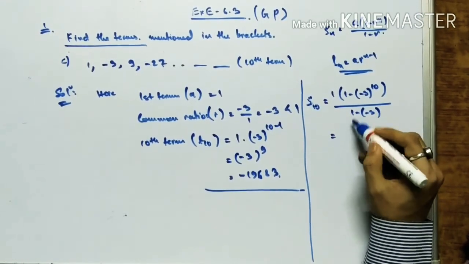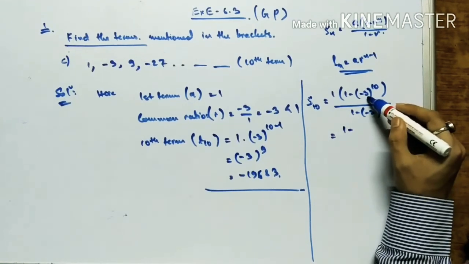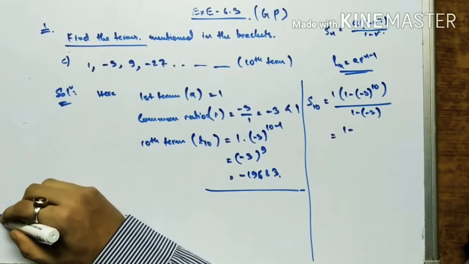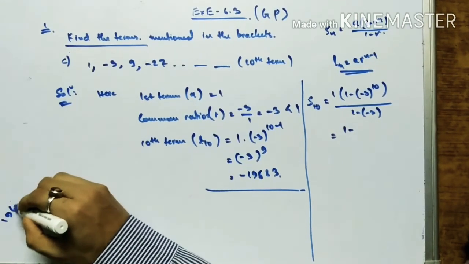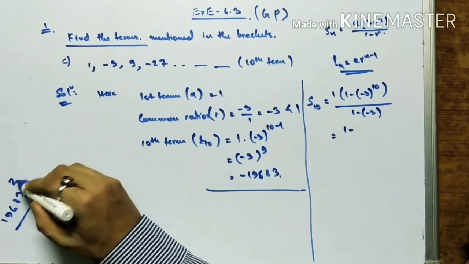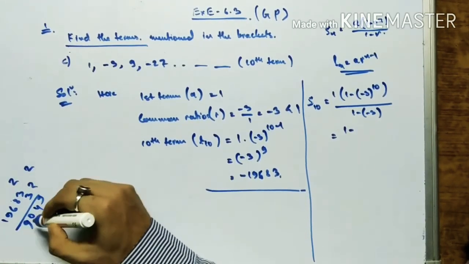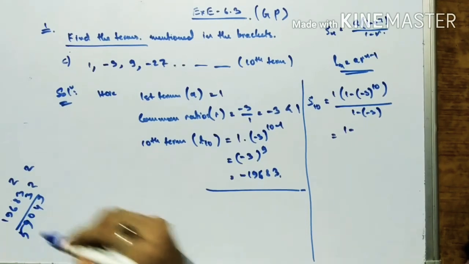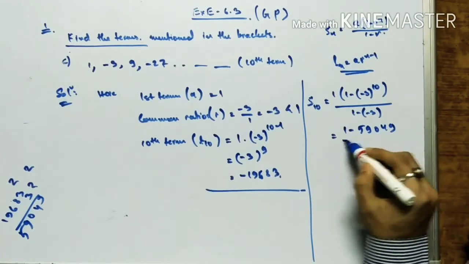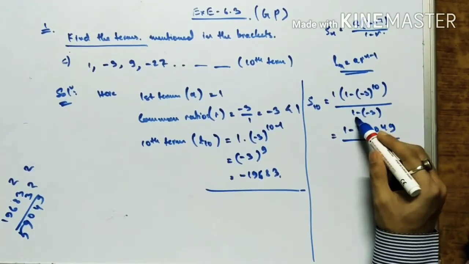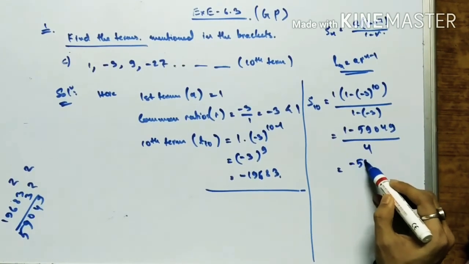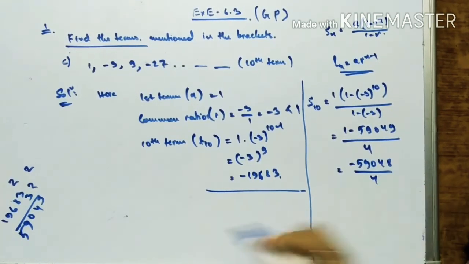So this way it will be 1 minus (minus 3) to the power 10. 3 to the power 10, I will get 19683 into 3: 3 9s are 27, and so on, giving 59049. By this one, 1 plus 3, I will get 4. So this is ultimately minus 59048 by 4 I will get.